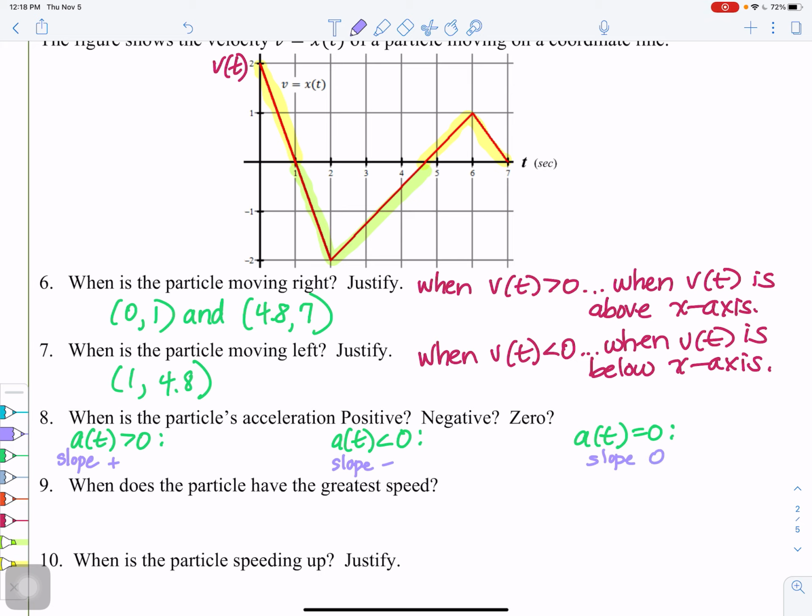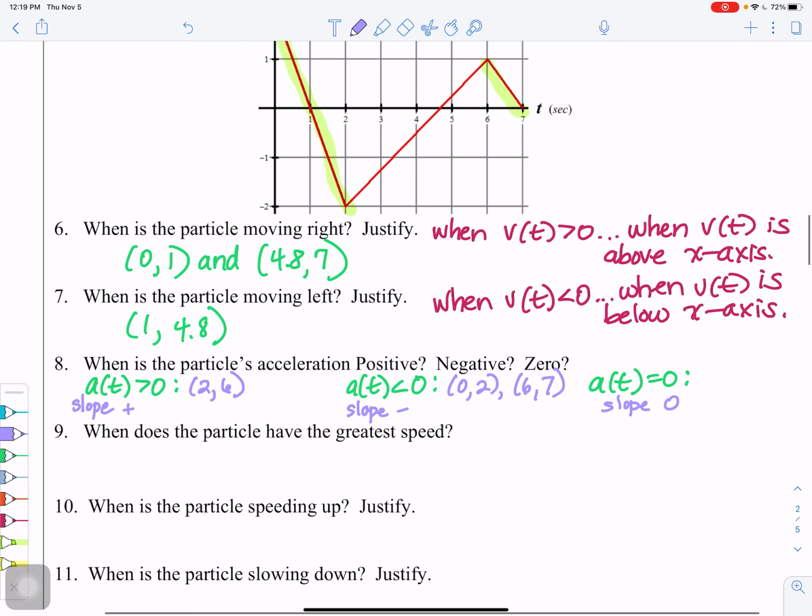So I have positive slope only from time 2 to 6. Now, the only time I have negative slope would be from time 0 to 2 and time 6 to 7.